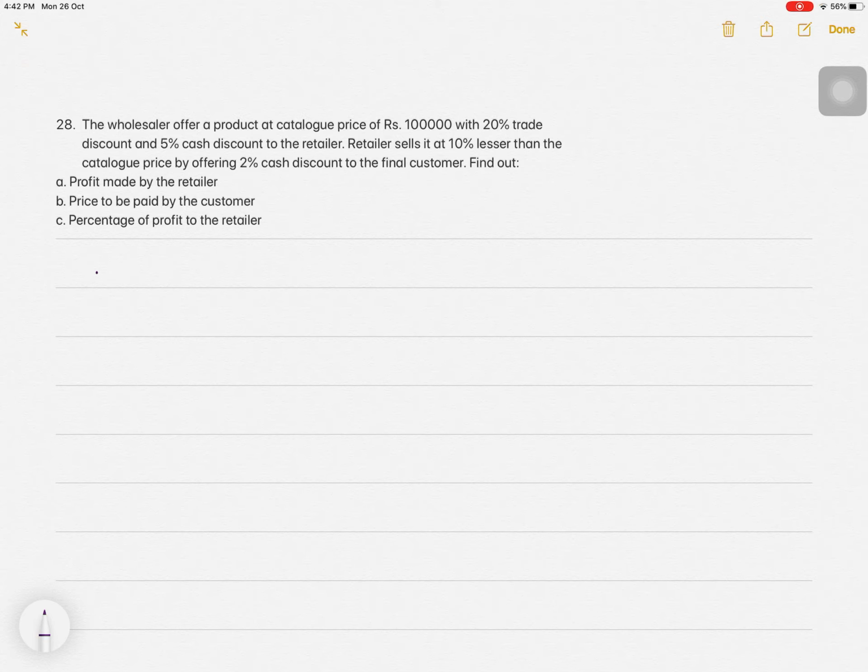The wholesaler offers a product at a catalog price of rupees 1 lakh with 20% trade discount and 5% cash discount to the retailer. So you can find the cost price.